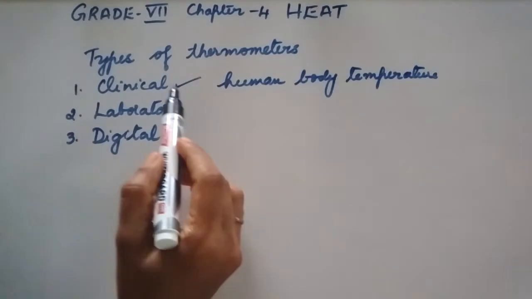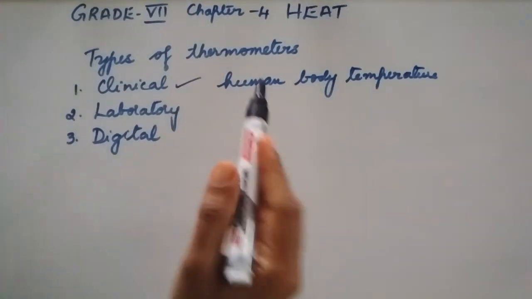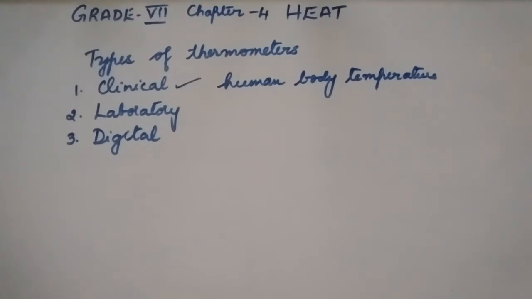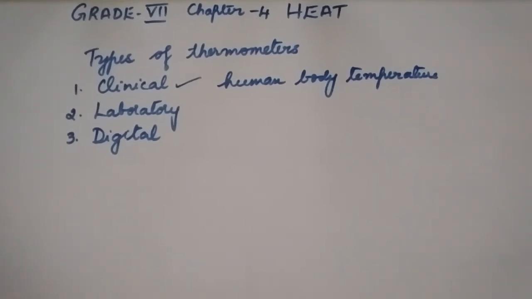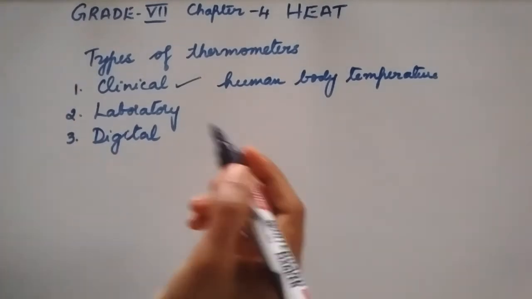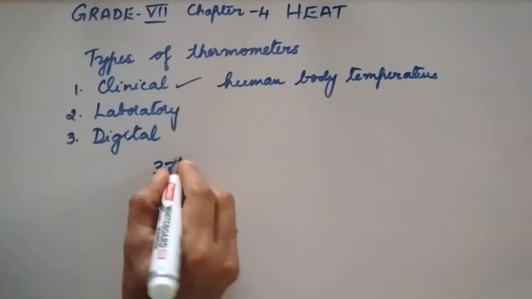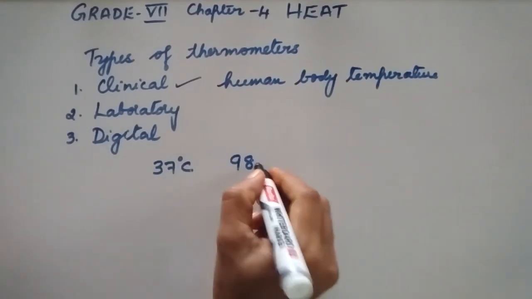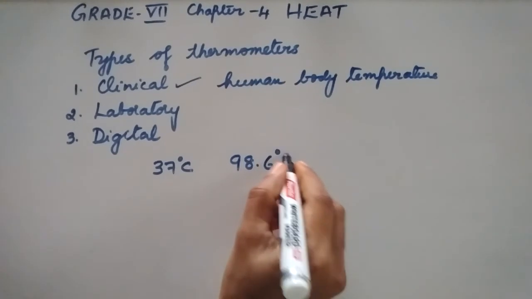The clinical thermometer is made up of a long and narrow glass tube. One end of this tube is sealed and the other end has a bulb filled with mercury. The normal body temperature of a healthy person is 37 degrees Celsius or 98.6 degree Fahrenheit.